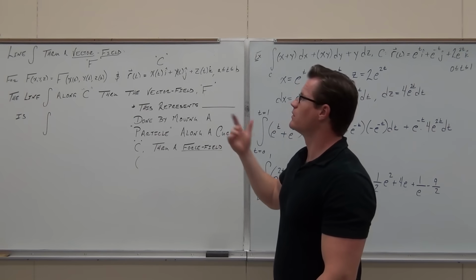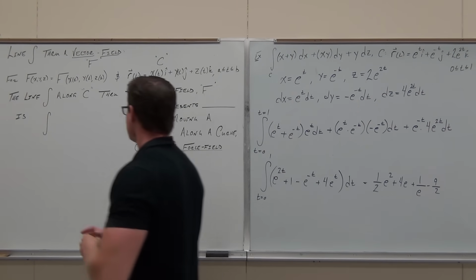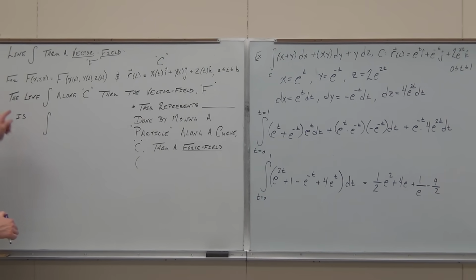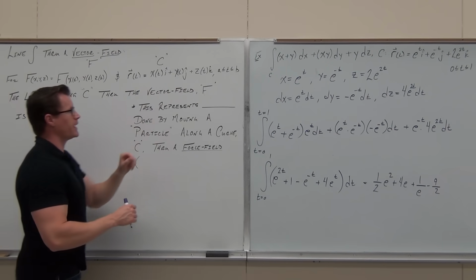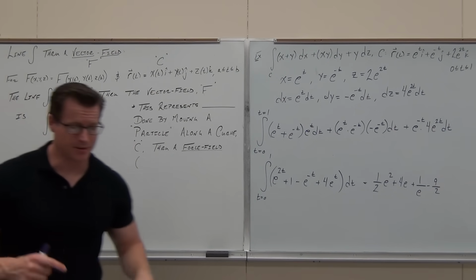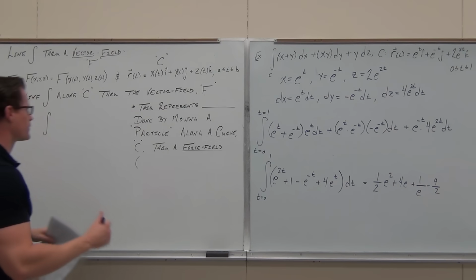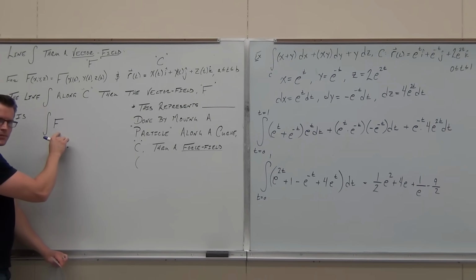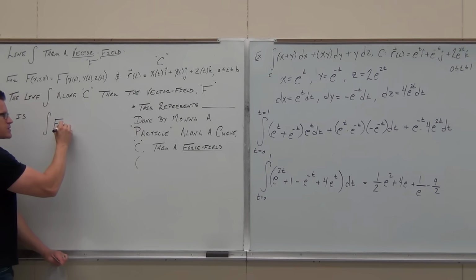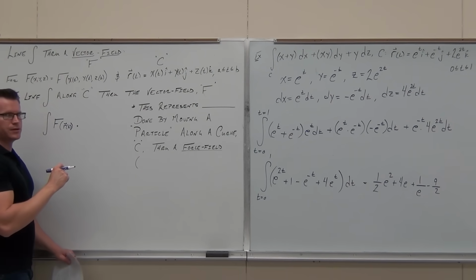Well, what it looks like first. If we want to find the line integral along the curve through a vector field F, it's given to us by this. It's going to be given to us by the vector field, re-parameterized in terms of t, dotted with.